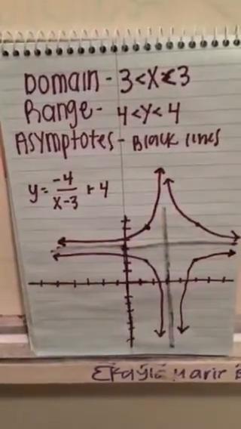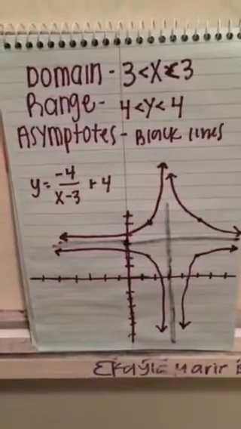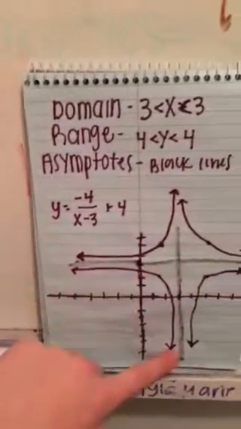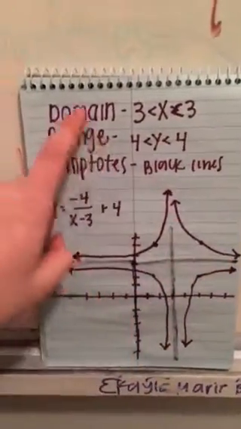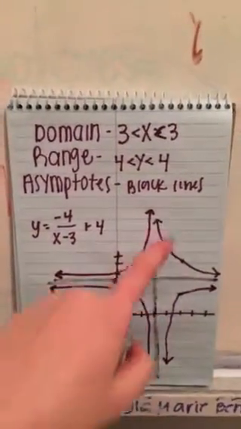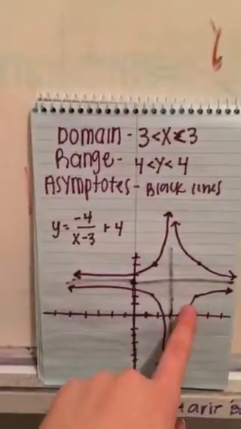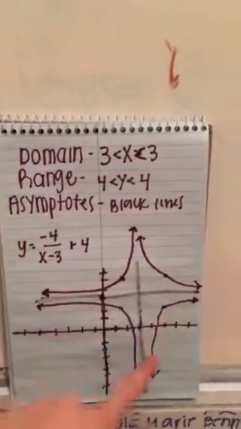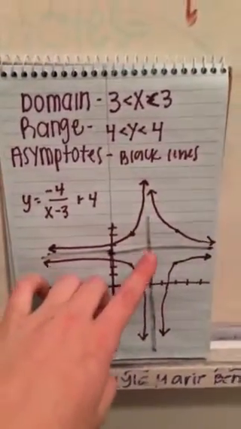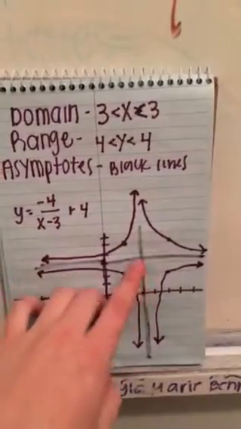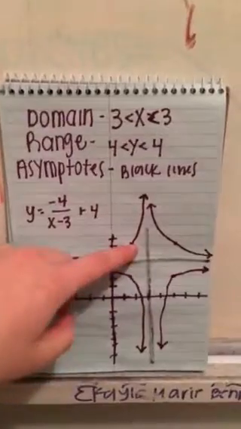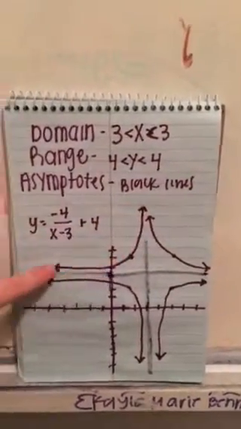So our domain, which will be our x values, and since we moved our axes to these black lines, all our domain has to be either larger than 3, which would be this part of the graph, but it will not be equal to, because remember, just like the asymptotes, it never touches this axis or the y, and it has to be less than 3, which will be this part.